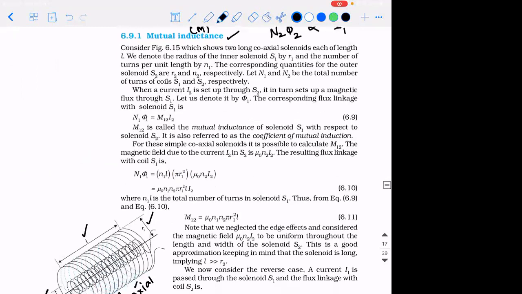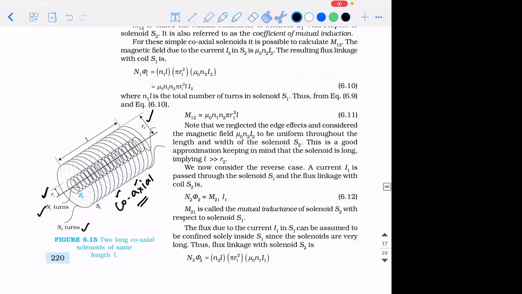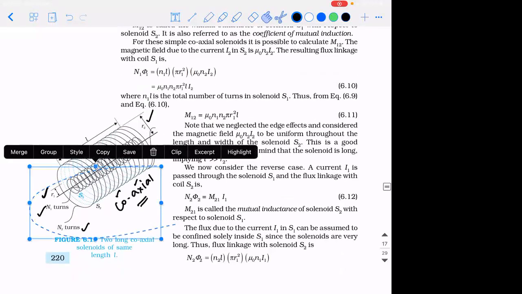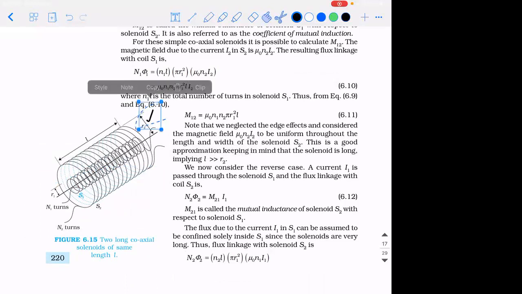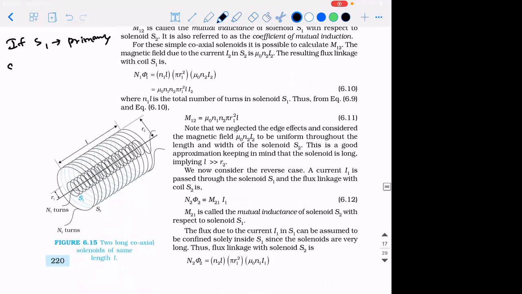I want you guys to answer so that you understand it better. Now listen. Suppose S1 is primary and S2 is secondary.